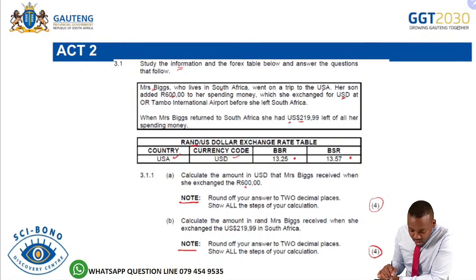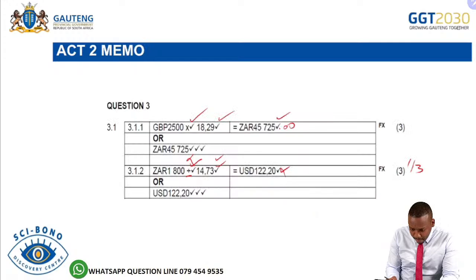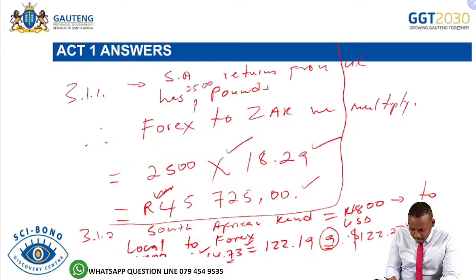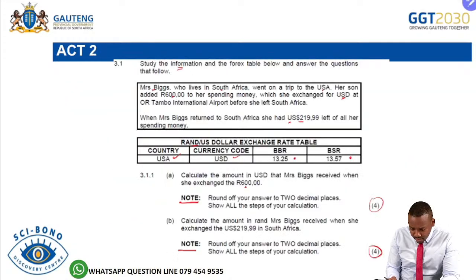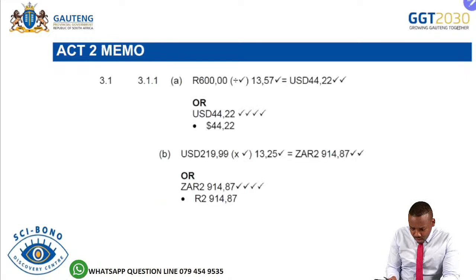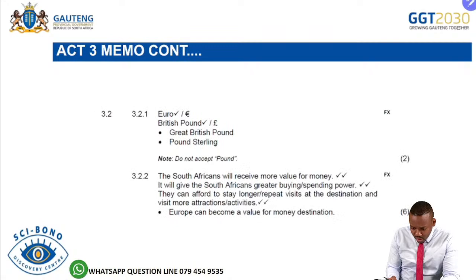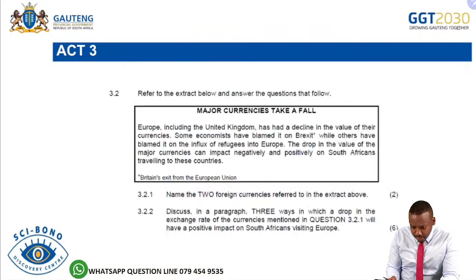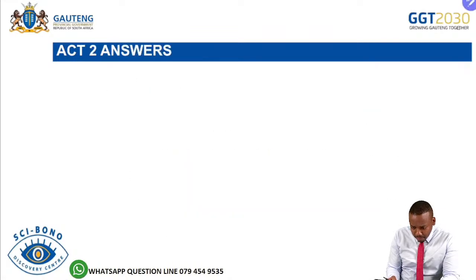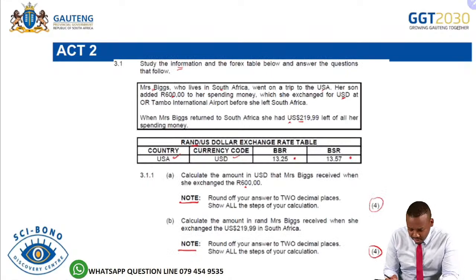The first one we are saying, calculate the amount, which amount here? It is 600. So we've got rands. So now we need to convert what?